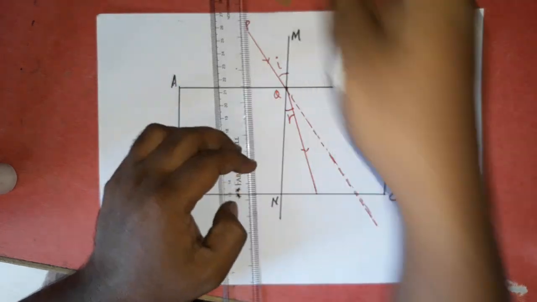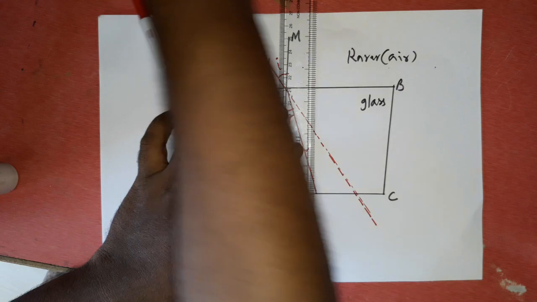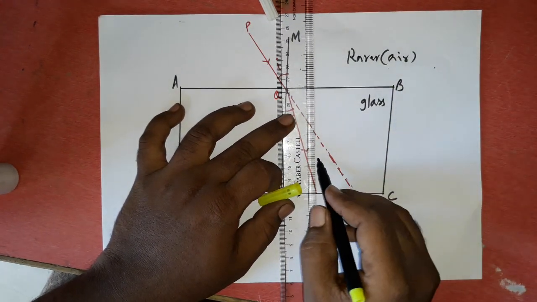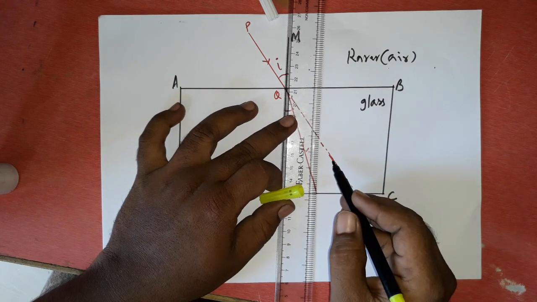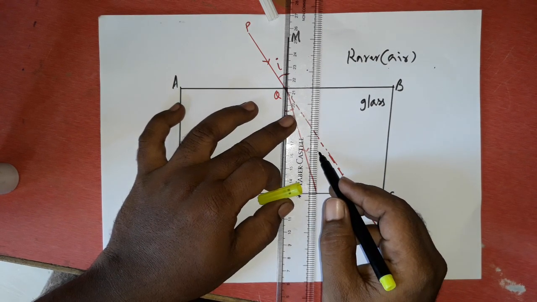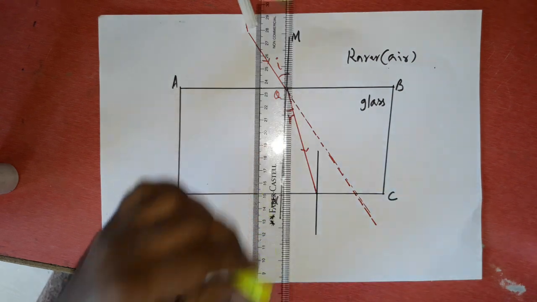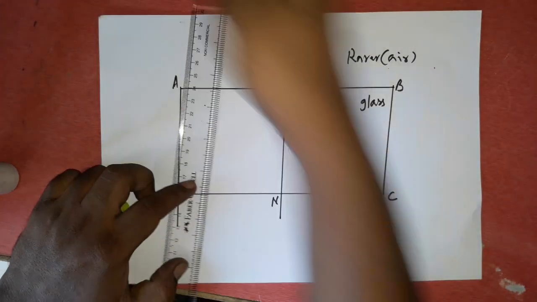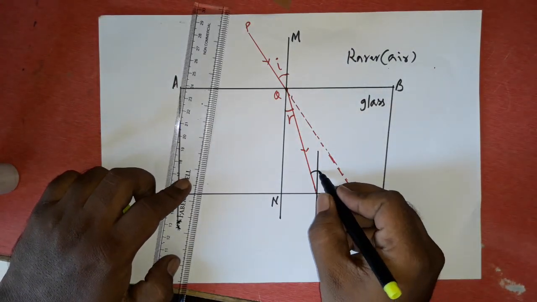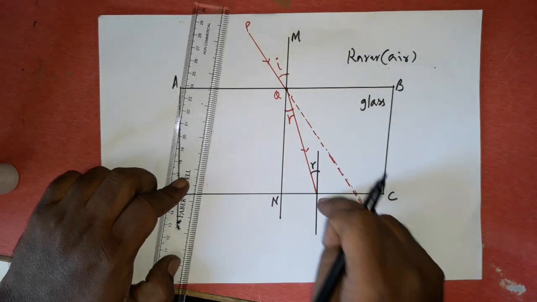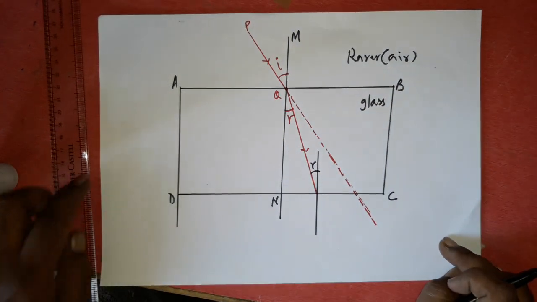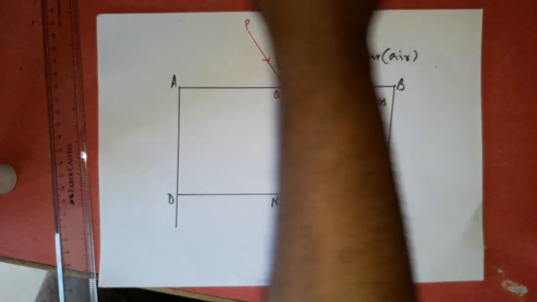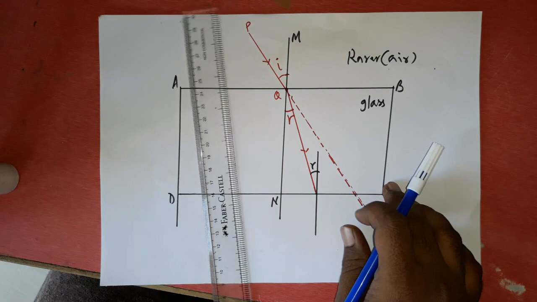Now at this position, if I draw a normal like this, this is the normal. If this angle is R, this angle should also be R because these are alternate angles.